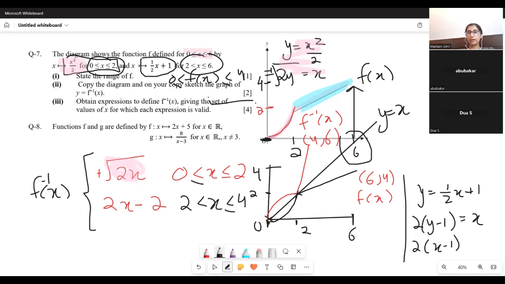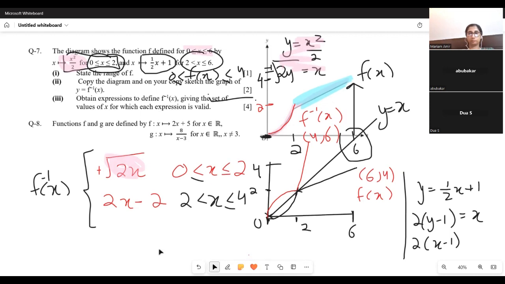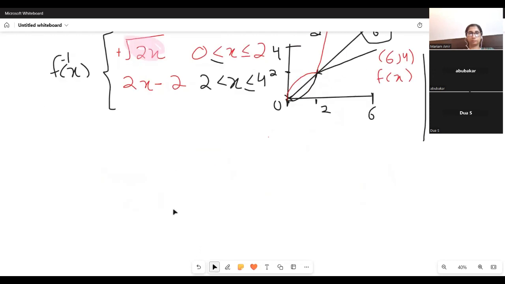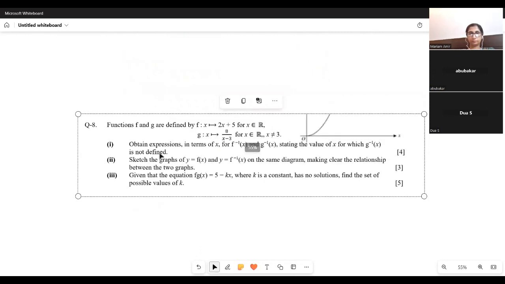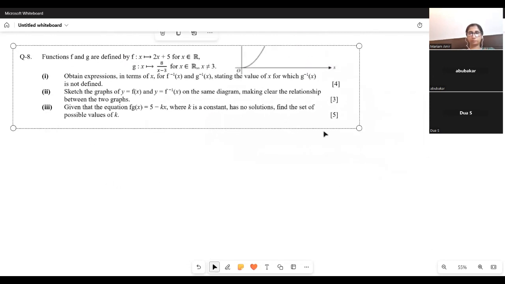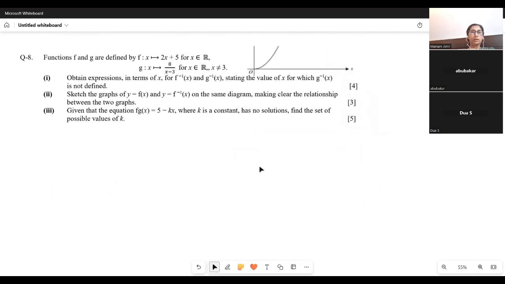Let's do 8 and then you do 9 and 10 as well. Functions f and g are defined by f(x) equals 2x plus 5 and g(x) equals 8 divided by x minus 3, where x is an element of real numbers.